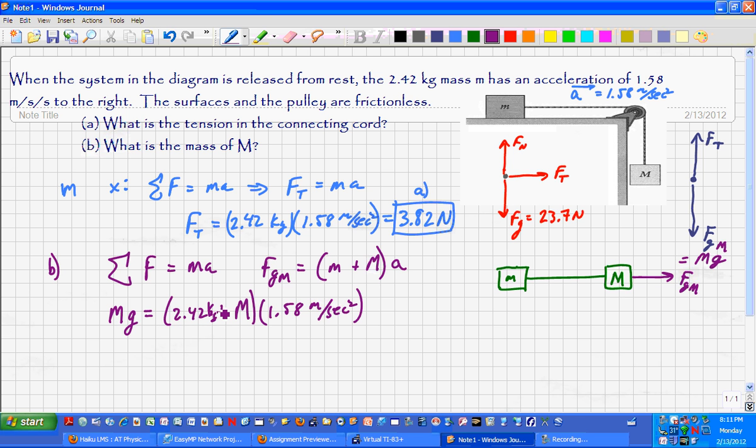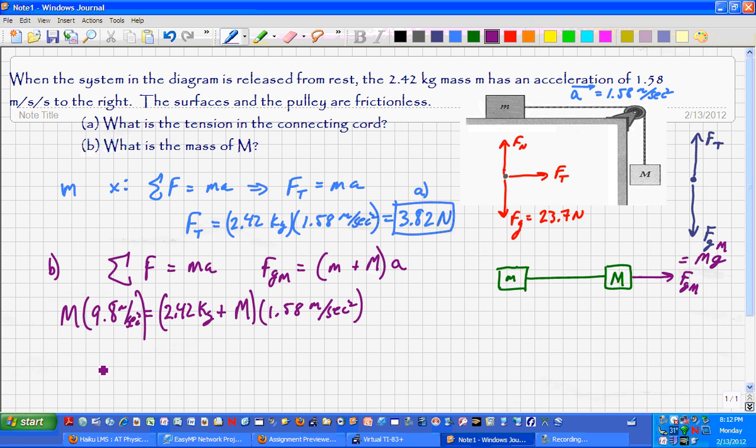G is 9.8 meters per second squared. Is that going to be positive or negative? It's going to be positive because that's pointed to the right.